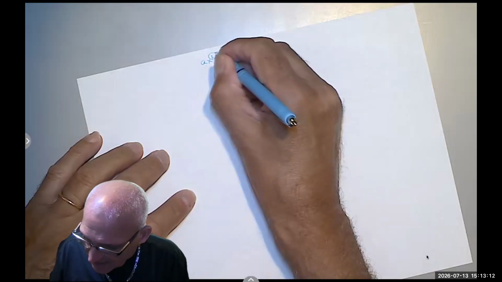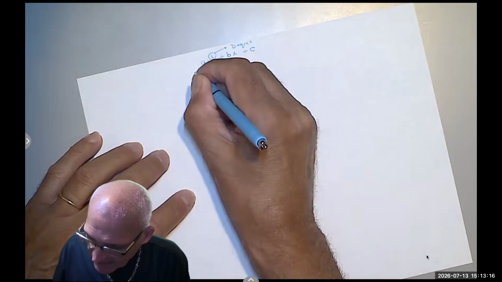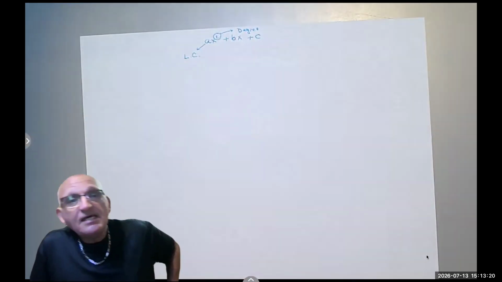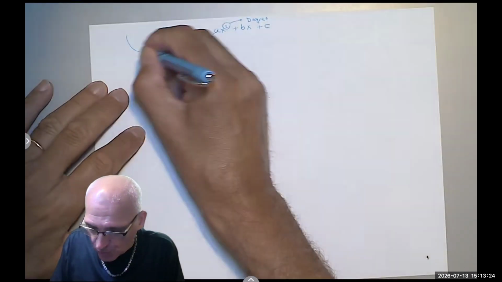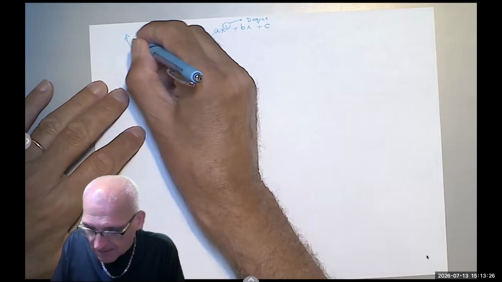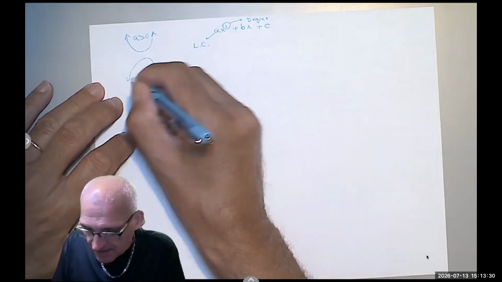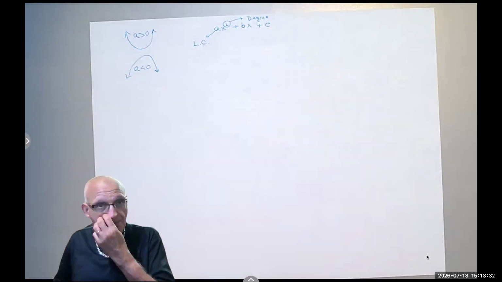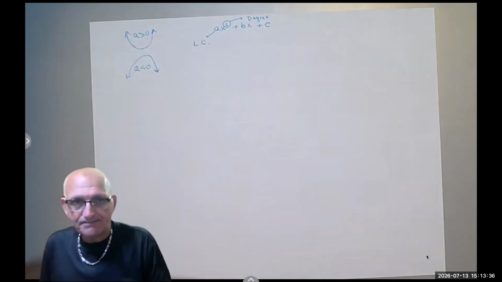So this is the degree, and this is the leading coefficient. We said that if the leading coefficient is positive, our parabola is opening up. And if a is negative, it's opening down. So now we're going to expand on that a little bit.